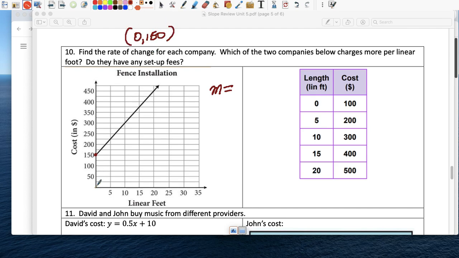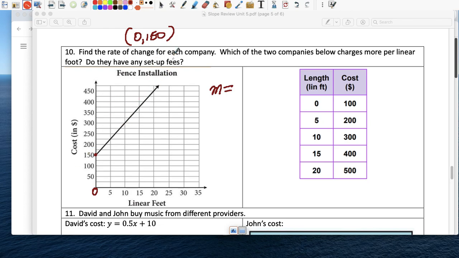Think about linear feet, feet of fence they install. They install zero feet of fence for you, and they already charge 150. So does this have any initial processing fees? Yes, this company definitely has. They're charging 150 for whatever reason.